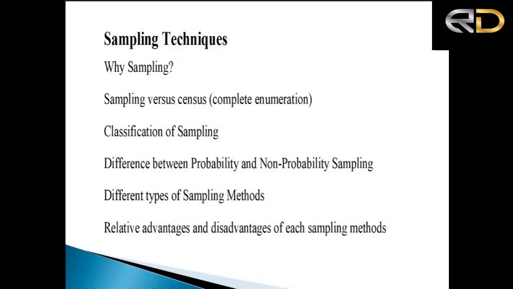That is why India organizes the census only after 10 years, and it takes 2 to 3 years to get it analyzed. So what is the alternative? That is sampling.